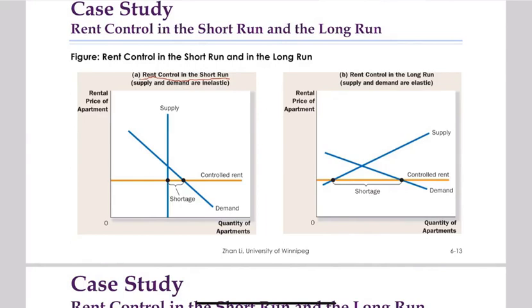It's actually intuitive to consider why supply is vertical, because we're talking about the supply of apartment buildings, right? So as a landlord, right?